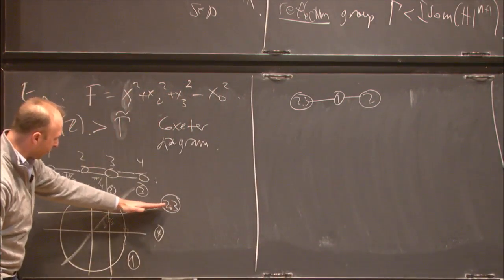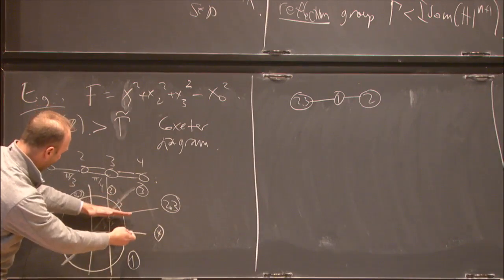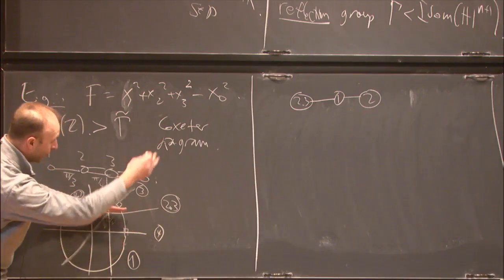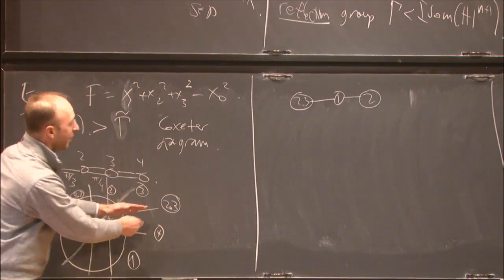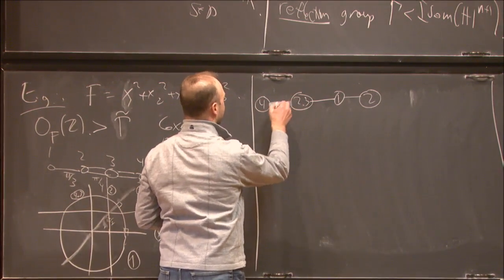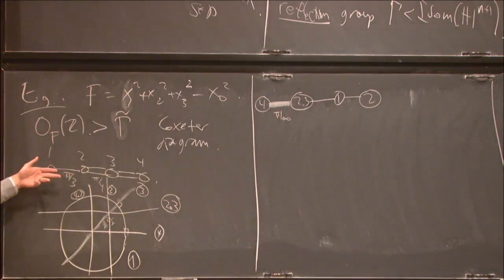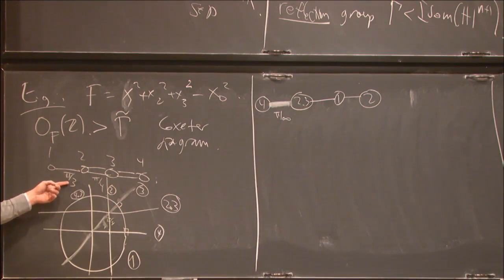Let's look at 2.3. 2.3 is tangent to 4 and orthogonal to everybody else except 1, which we already took care of. So 2.3 meets 4 at a thick line. So a thick line means pi over infinity. So if they meet at angle pi over m, then you put m minus 2 lines. That's the Vinberg notation for Coxeter diagrams.